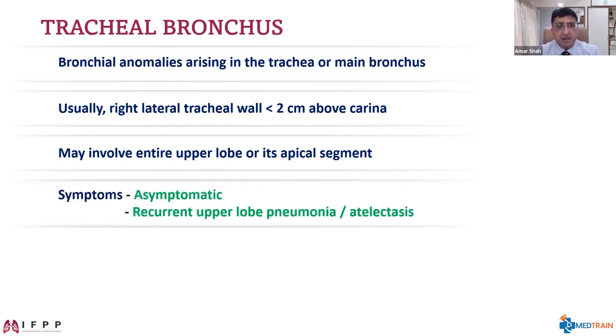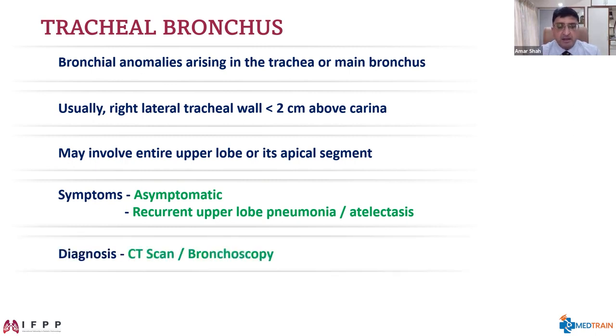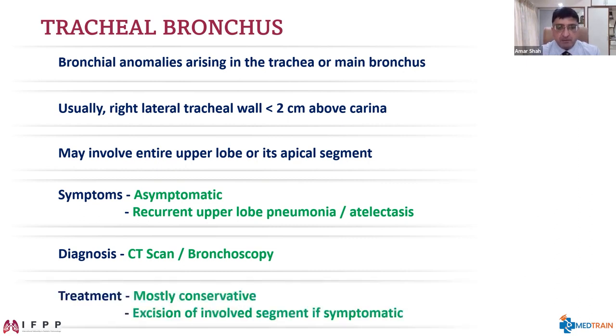This may be an asymptomatic problem or it can cause recurrent upper lobe pneumonia or atelectasis. Diagnosis again is by CT scan or a bronchoscopy. Treatment is mostly conservative and excision of the involved segment may be required if it produces symptoms.